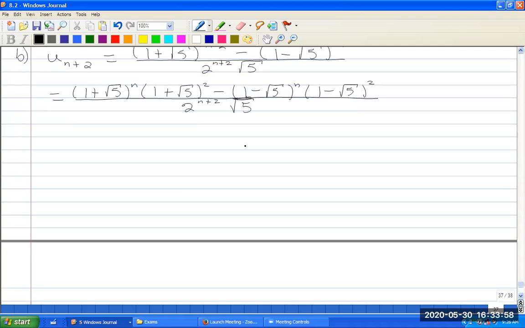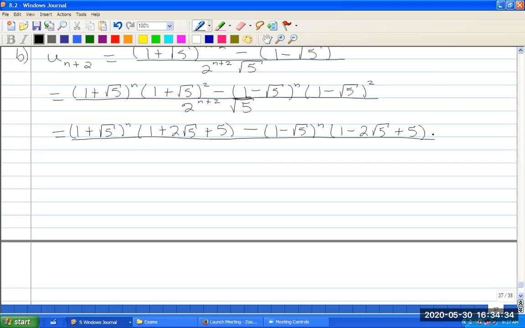So this is equal to (1 plus rad 5) to the n times (1 plus 2 rad 5 plus 5). Again, because it's a perfect square trinomial, using the special product formulas. Minus (1 minus rad 5) to the n times (1 minus 2 rad 5 plus 5), again using the fact that this is a perfect square trinomial, all over 2 to the n plus 2 rad 5.